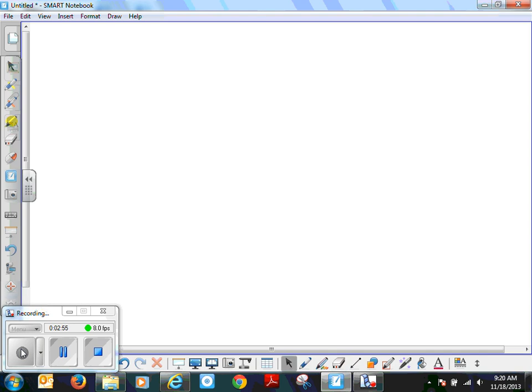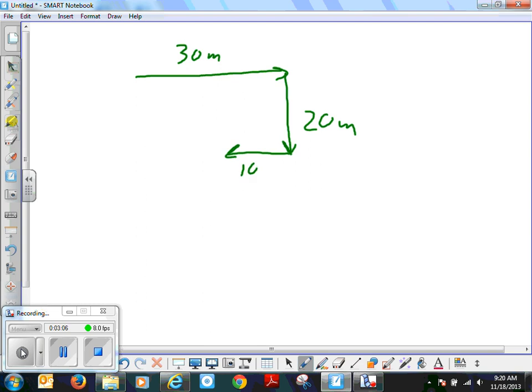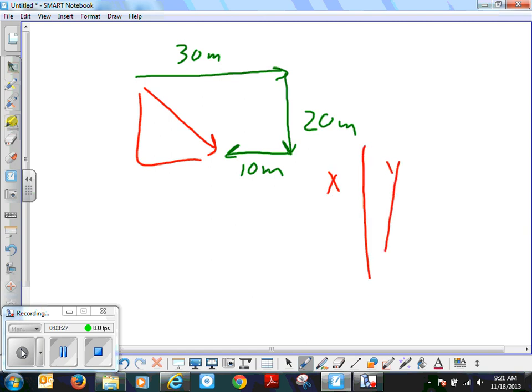Well, what if we had a situation like this where we went 30 meters this way, and then 20 meters this way, and then 10 meters this way? How would you solve that problem for the resultant displacement? Coming out of geometry, you'd want to start making a bunch of triangles, but that doesn't work because these pictures are never right. So you just use the X stuff and the Y stuff alone.